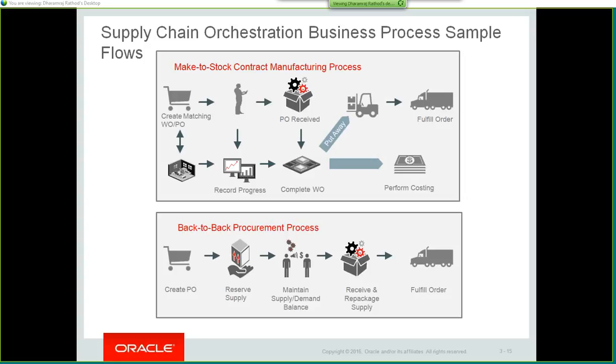When I execute certain flows, it could be make-to-stock contract manufacturing, or it could be back-to-back buy processes. I would have certain things in mind, and there are certain things which supply chain orchestration would help us to manage. If it is a make-to-stock contract manufacturing process, within it we create a work order and purchase order pair. Then we send that purchase order to the contract manufacturer, and that is the triggering point for the contract manufacturer to start manufacturing the product or good.